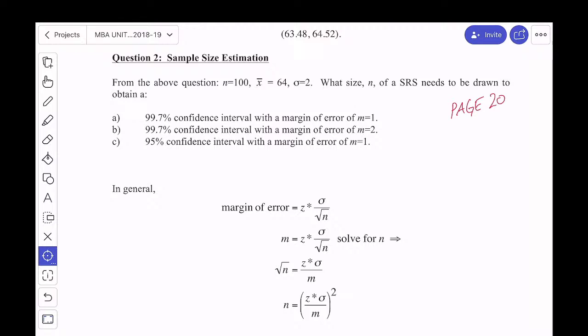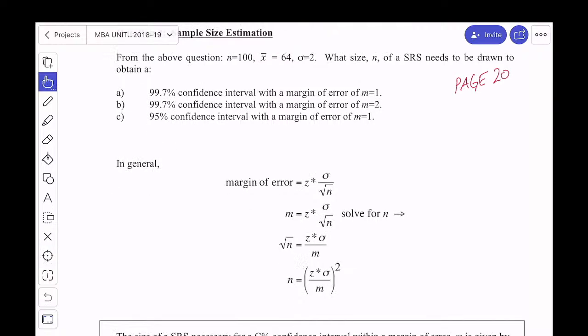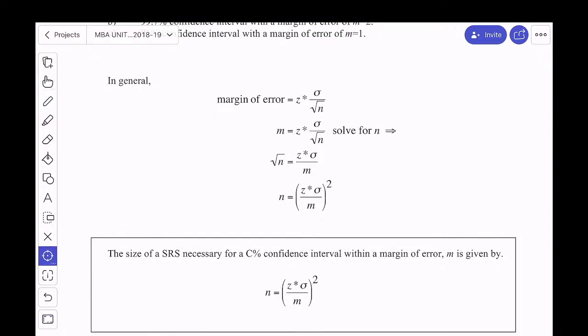So what you have to do is use a formula. I mean, you could plug everything into here and solve this just the same. Anyway, this is the formula for it. If you use that, you should get the right answer.